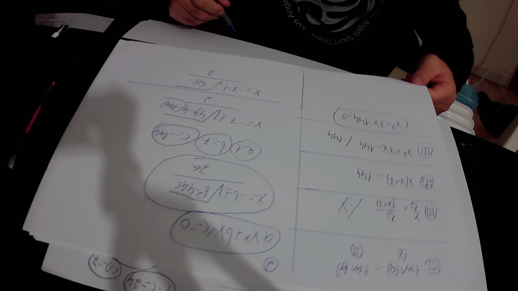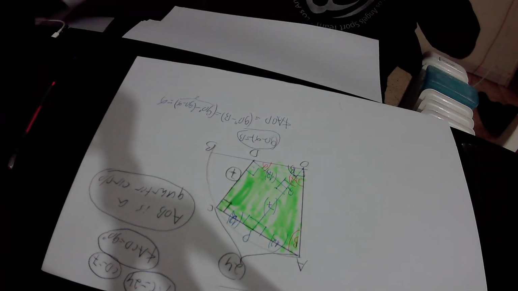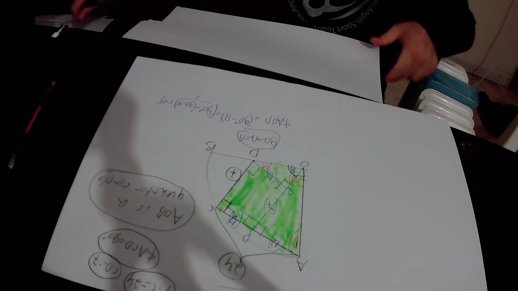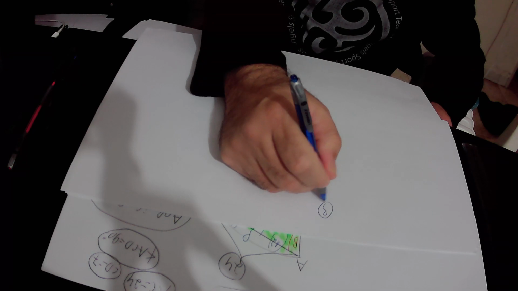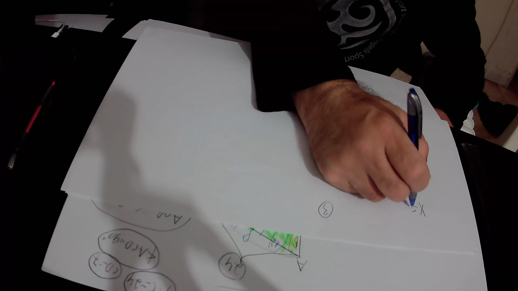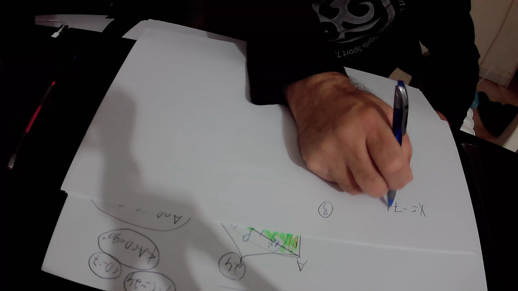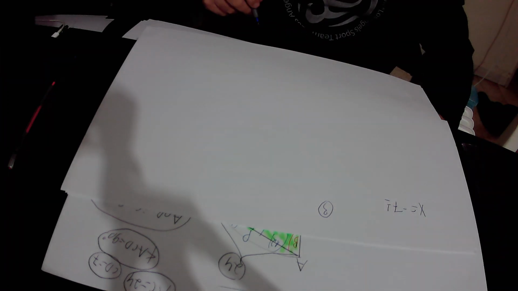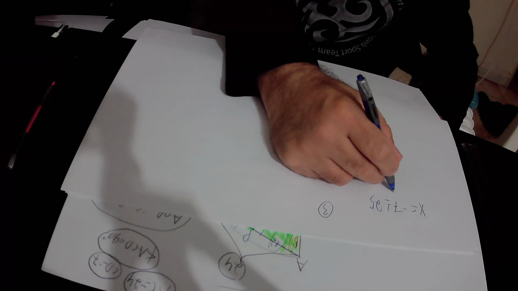So actually we found out that x equals minus 7 plus minus the square root of 625, which is 25, over 2.